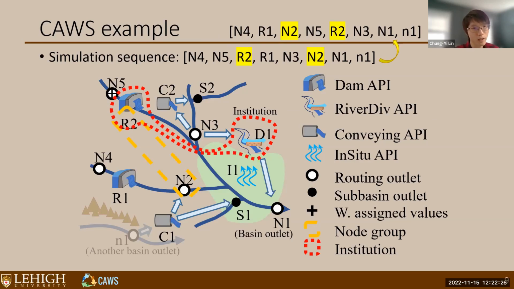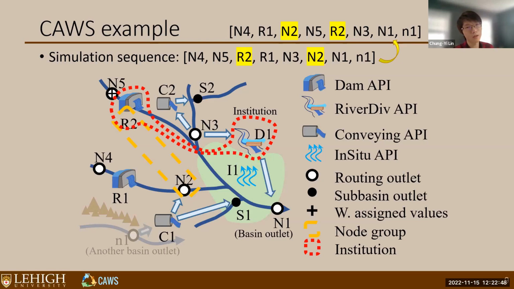And the conveying API can be used to describe the interbasin water transfer, as I show in this C1 agent. And it can also represent pump facilities, as I show in this C2 agent, that will pump the water from the downstream N3 node to the upstream S2 node.